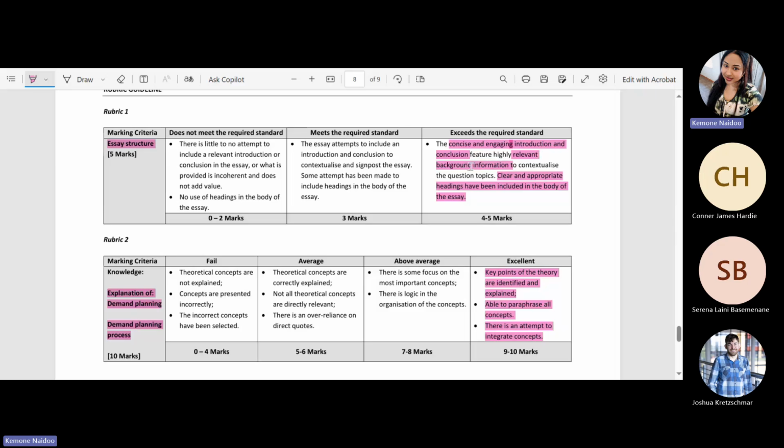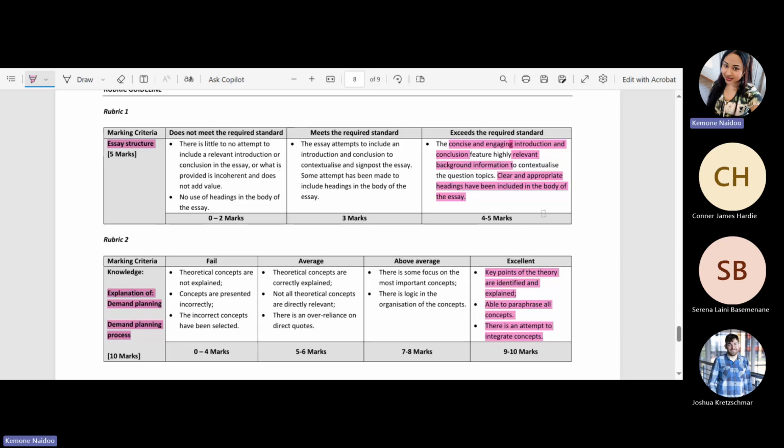That is the purpose of a conclusion. Okay, so both of these need to have relevant information. Because you are being asked to discuss demand planning, your introduction and conclusion need to have relevant information on demand planning. So you shouldn't be giving information on something else entirely, but more specifically, demand planning. Okay.